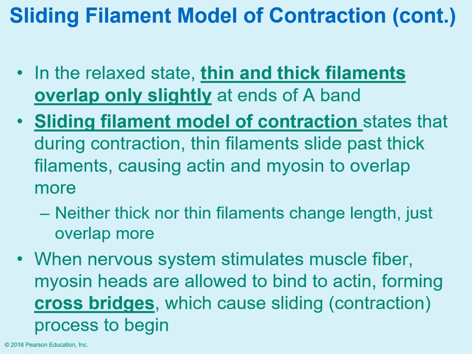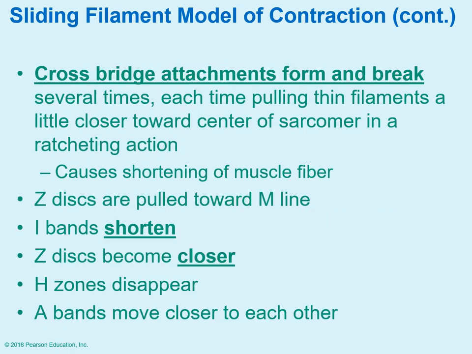So when the nervous system stimulates the muscle fiber, the myosin heads are now allowed to bind to the actin, and they form a cross bridge. And that's going to start the contraction. When the cross bridge is attached, that myosin head is going to cock.